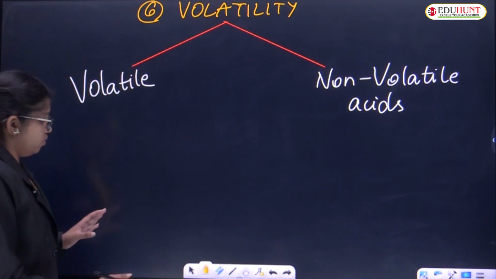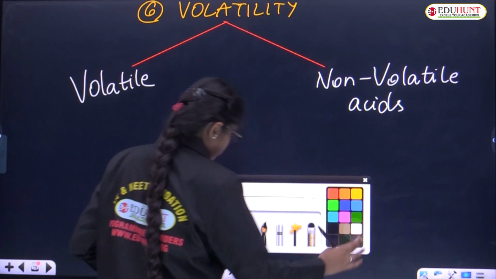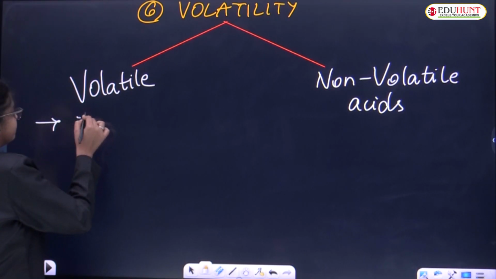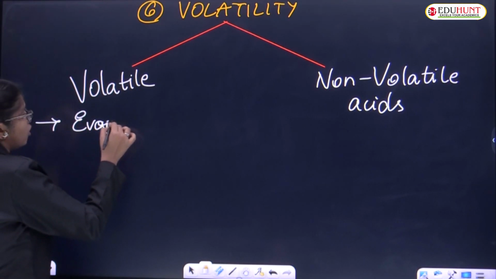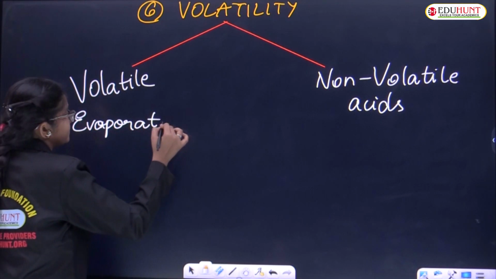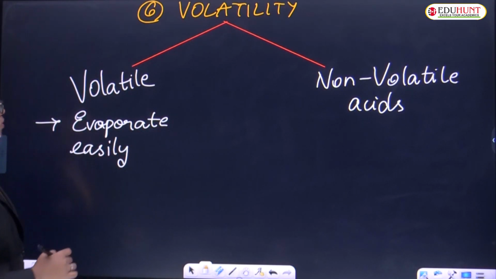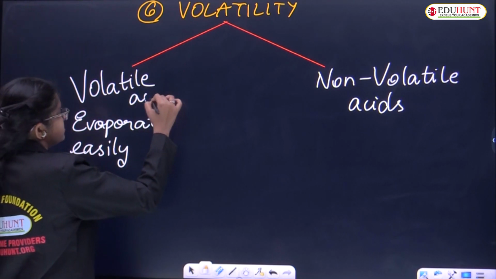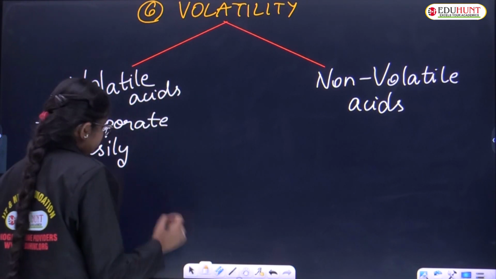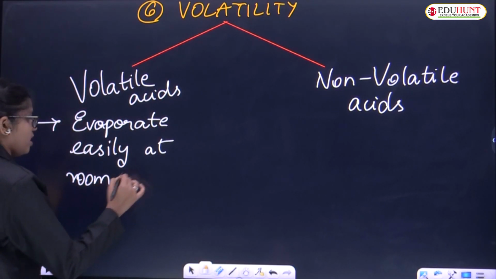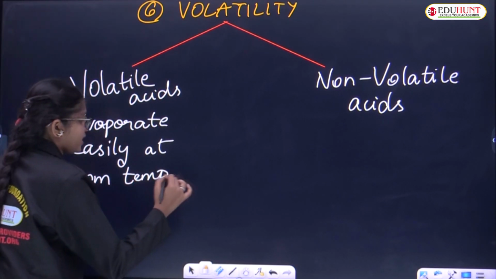So what are volatile acids? The acids which evaporate easily at room temperature are called volatile acids.